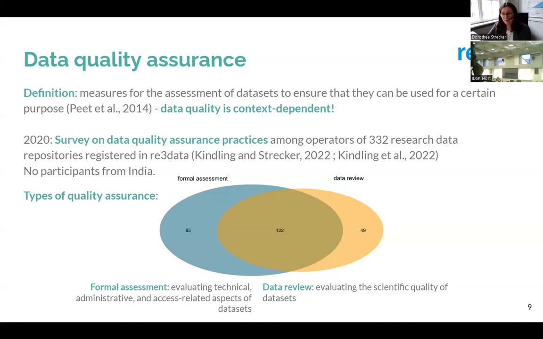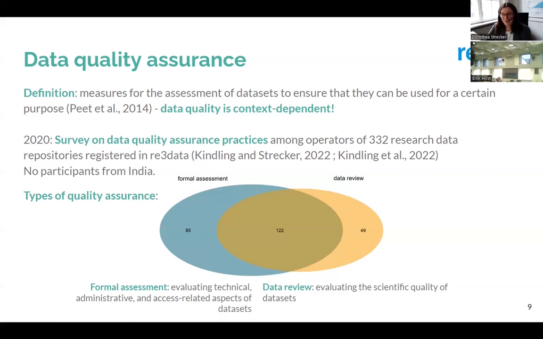And we got a complete response from 332 operators of research data repositories. Unfortunately, we did not have any participants from India because I would really have loved to show you a subset of Indian repositories today, but unfortunately, I'm not able to do so. So I'm going to try to get other sources to get an estimate later on.